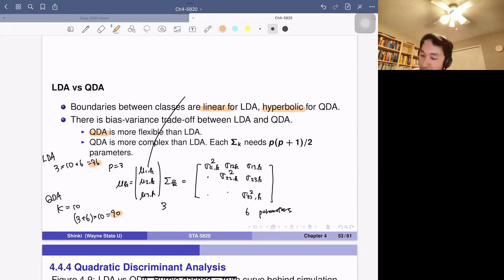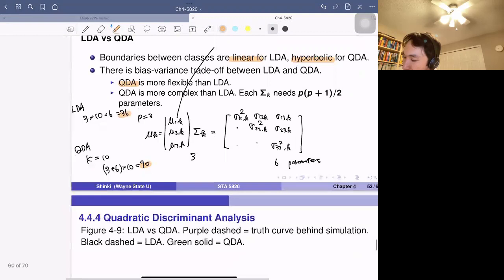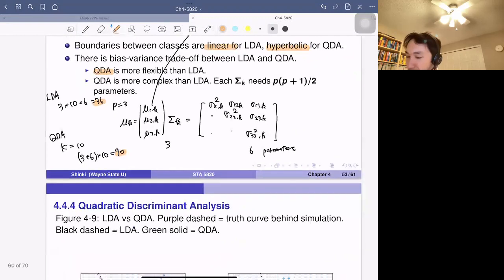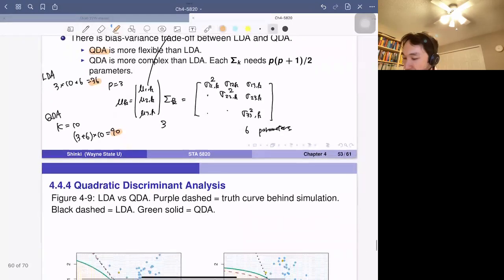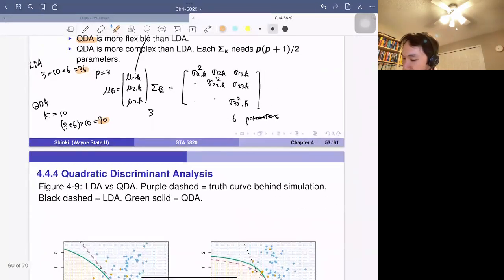If we have more predictors, it's much more complicated for QDA. We may have trouble estimating parameters if the number of parameters exceeds the sample size. So LDA is a much more stable, simpler model.